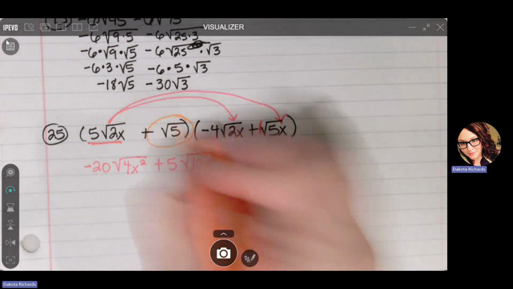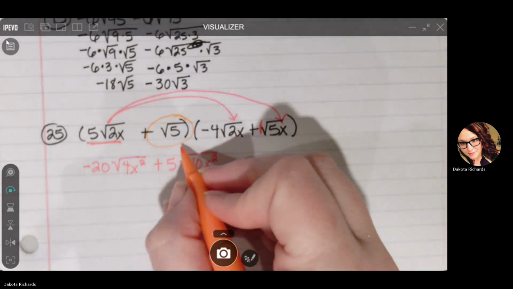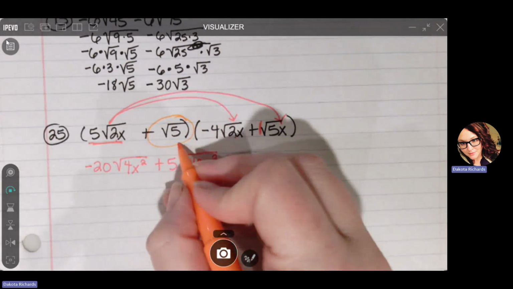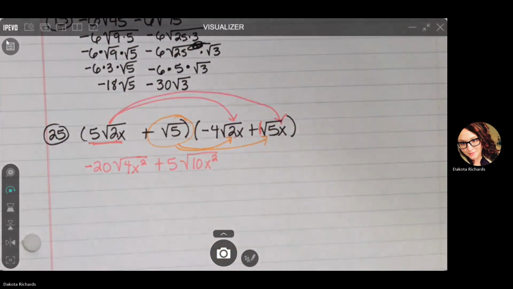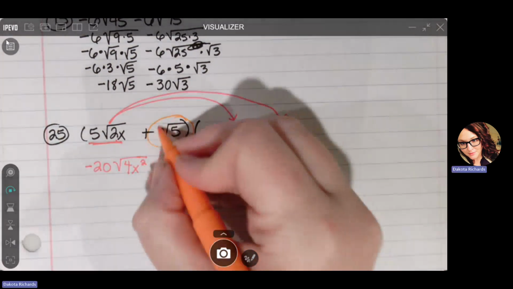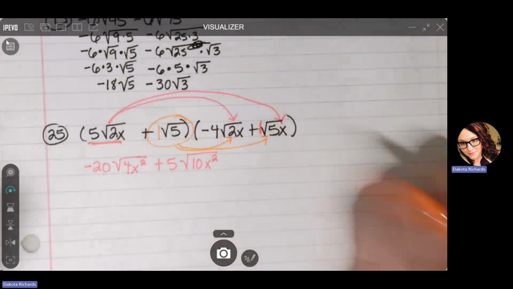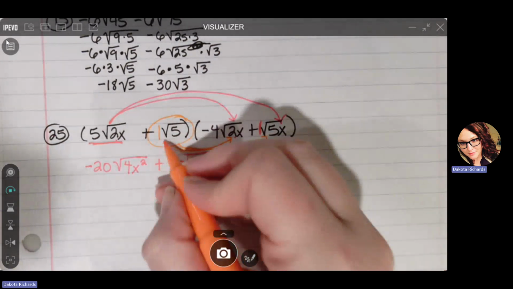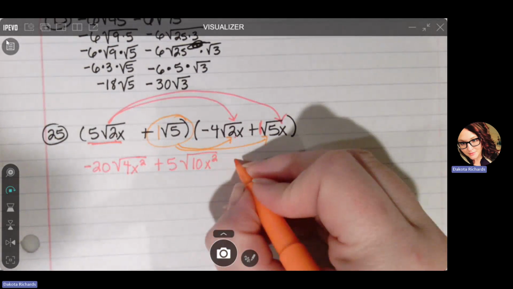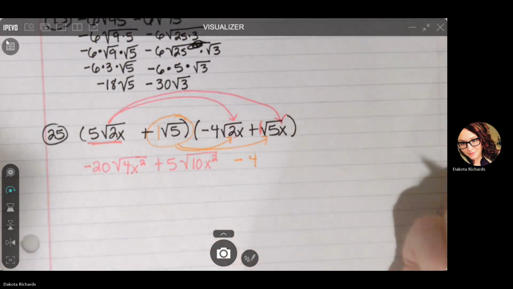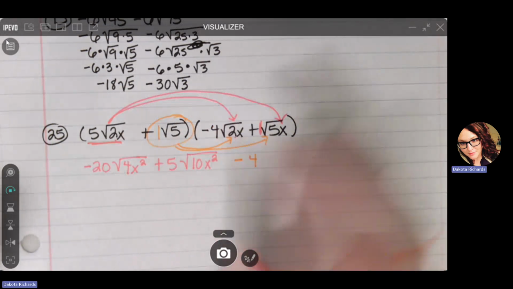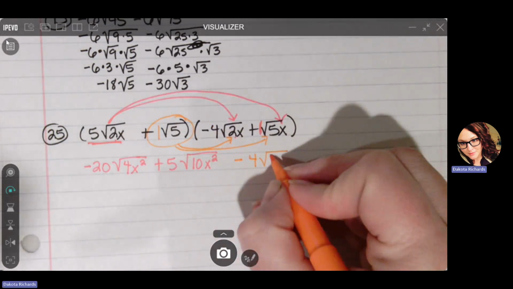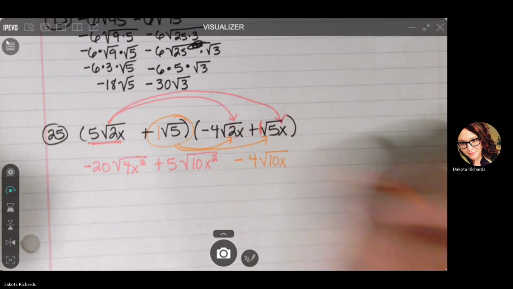Now we have to distribute this, okay? And we have to distribute it to both of those. So we have 1 square root 5 times -4 square root 2x. 1 times -4 is -4. Square root 5 times square root 2x is going to be the square root of 10x.